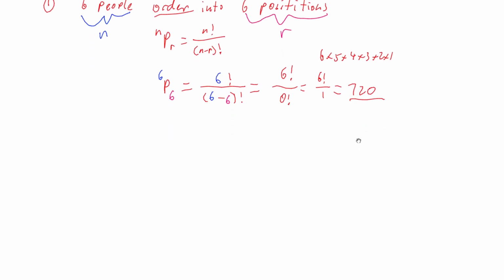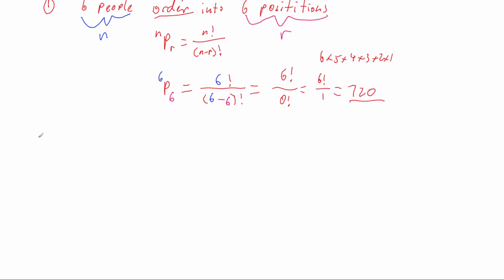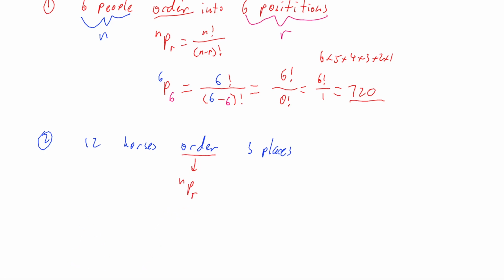Having a look at the second problem, here we've got 12 horses, which we're trying to order into the first 3 places, which means that again, because we've got order, we're going to have nPr, and our n is how many things we've got, remember?